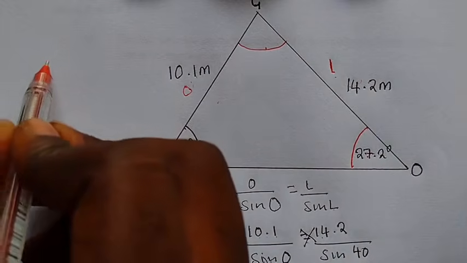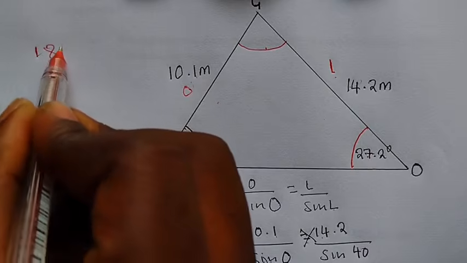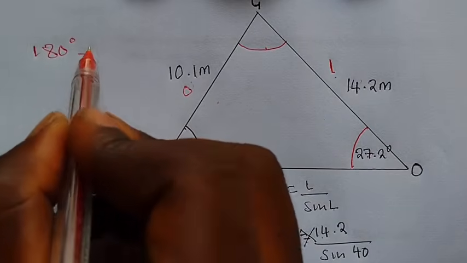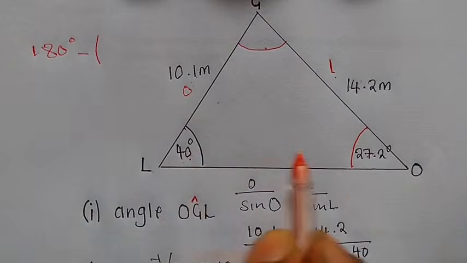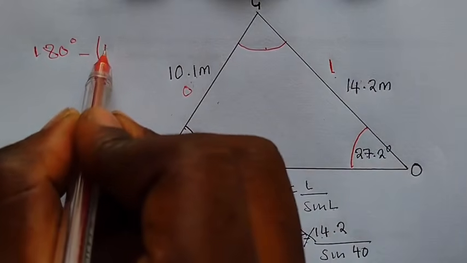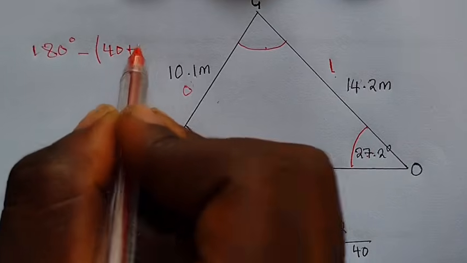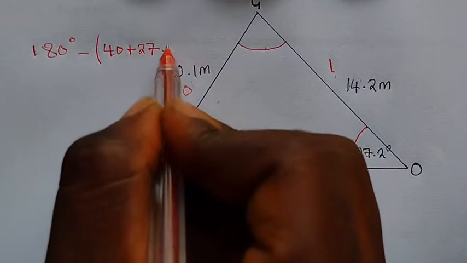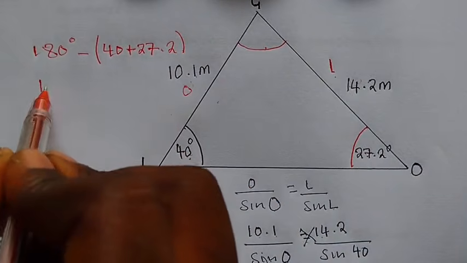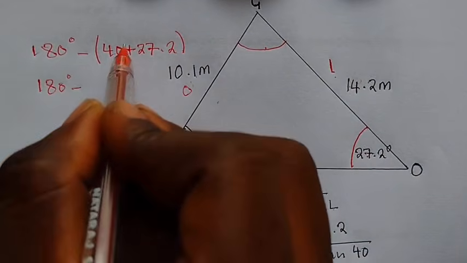So we are going to say 180 degrees minus. I'm going to add this angle and this angle, so say 40 plus 27.2.